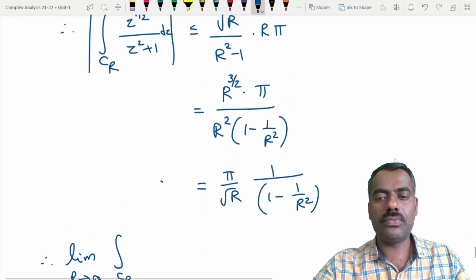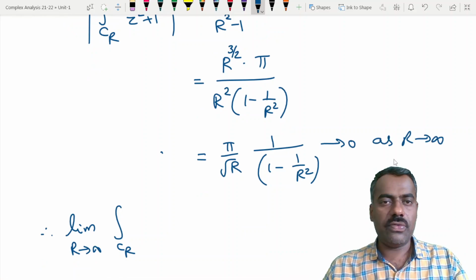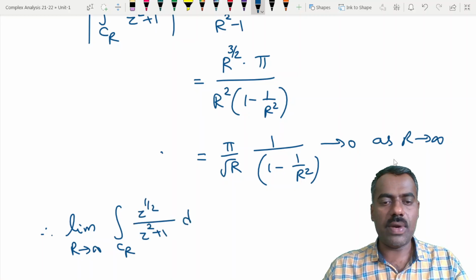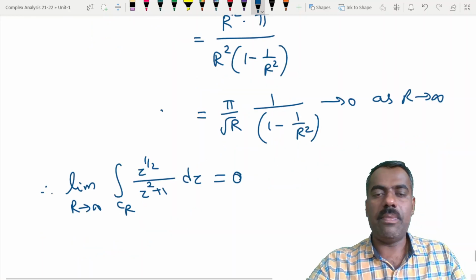So the integral of z power 1/2 by z square plus 1 tends to 0 as R tending to infinity. Here we have used the ML inequality.